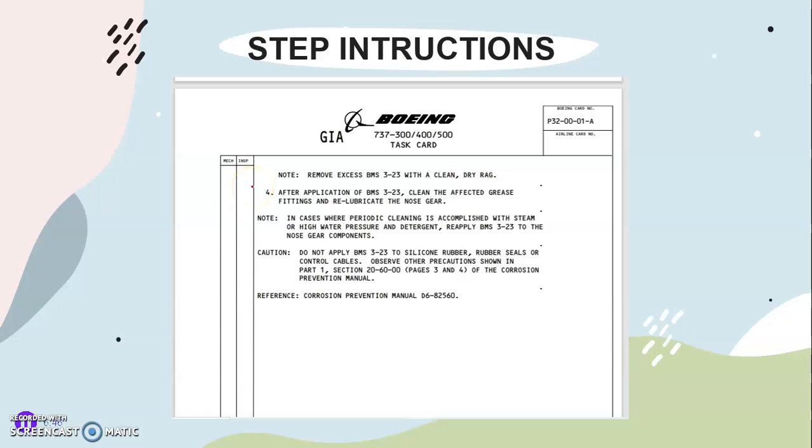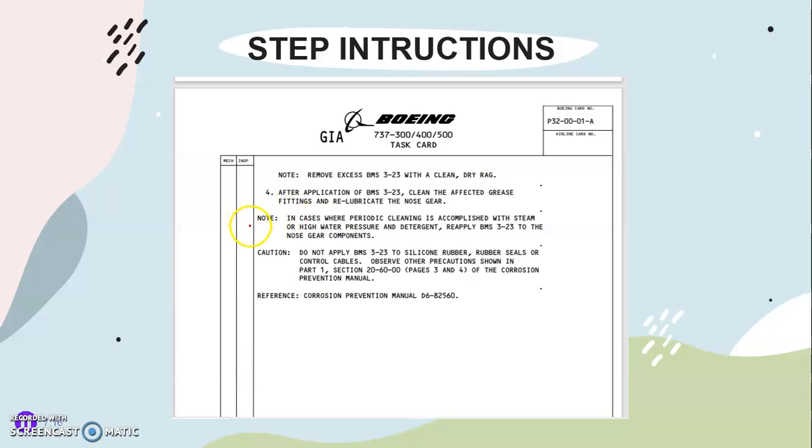The next slide is the fourth step. After application of BMS 3-23, clean the affected grease fittings and re-lubricate the nose gear. So, if we apply BMS 3-23, clean the affected grease.